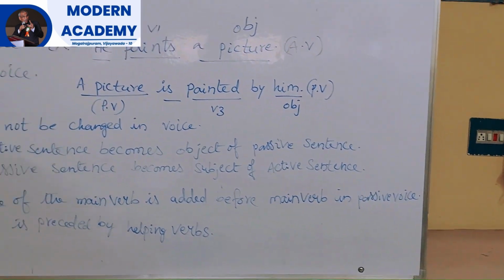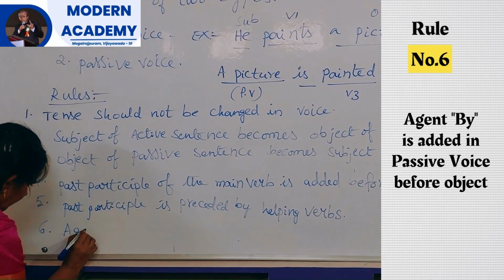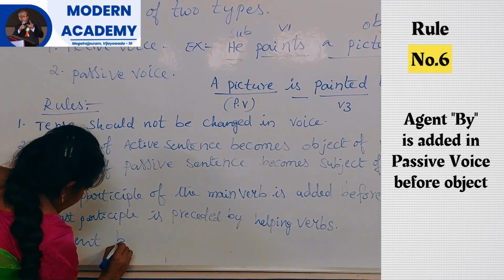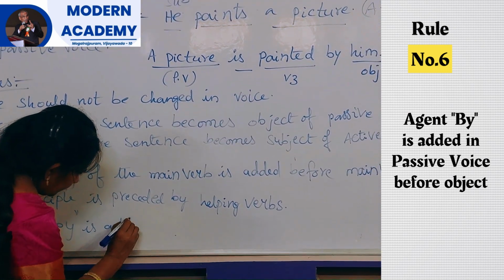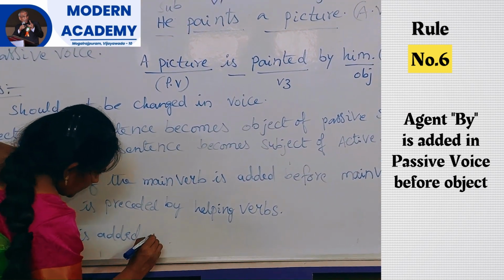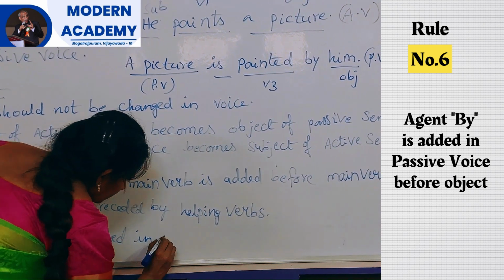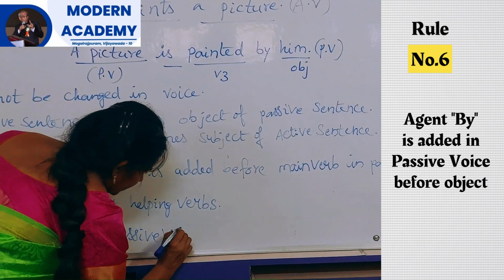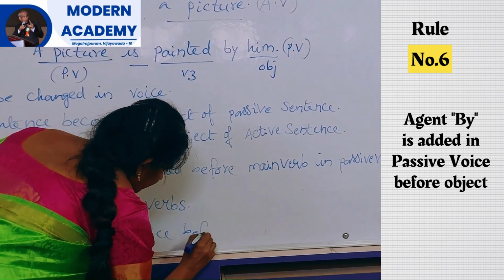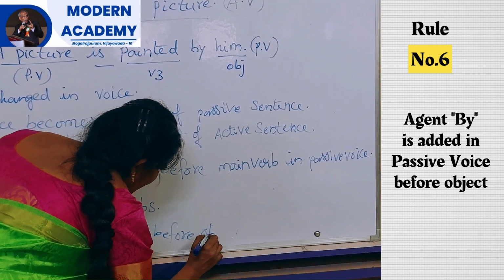And rule number 6: agent by is added in passive voice before the object.